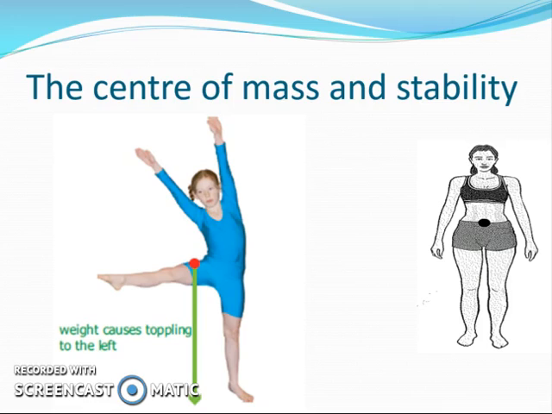So, as I said, instability is needed to create certain movements in sports to complete the movement. For example, a gymnast would have to cause instability to be able to make the correct movement that she needs.